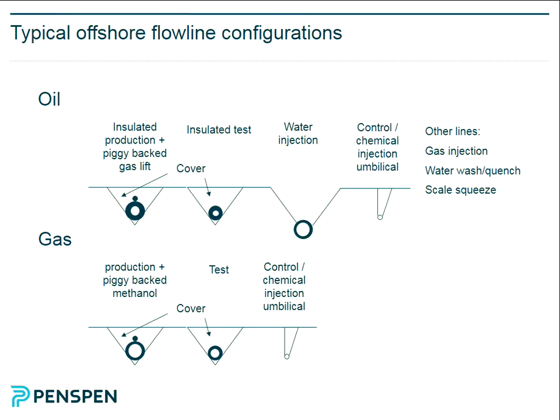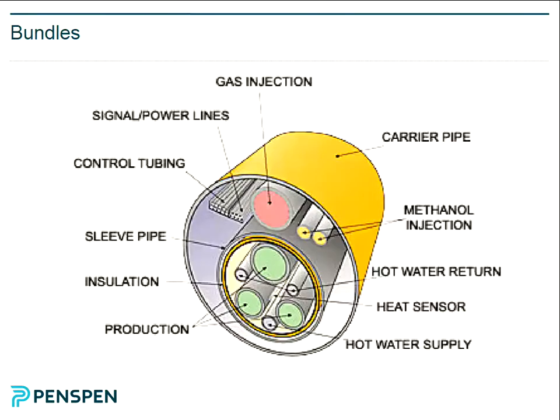Now, the typical construction technique is to go out there with a lay barge and lay them all individually, backwards and forwards. If the length of those flow lines is not that long, 6 kilometres, typically 3 kilometres, one technique used is to produce a bundle of pipelines. On land, you create this bundle.